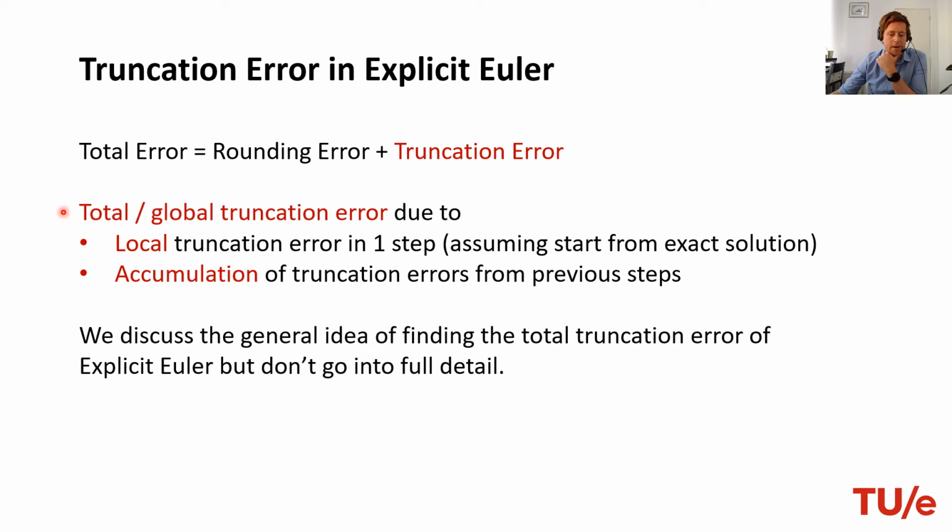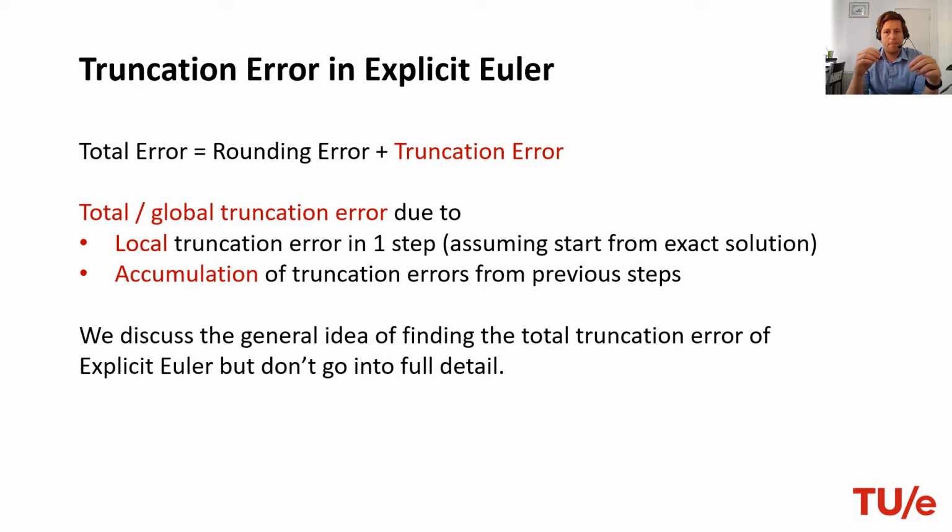Well, the first factor is that we have a local truncation error in one step. So starting from an exact point, an exact value of the function satisfying the ODE, we take a step of a numerical method, in this case explicit Euler, and that causes us to make an error. That is called the local truncation error. Now, because this is a sequential process, we do this step by step, ever increasing the independent variable x.